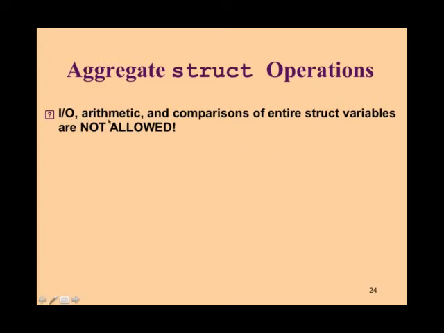Input, output, arithmetic, and comparison of an entire struct variable is not allowed. Input, output of atomic variables is allowed, but not of struct. Comparison of two variables of the same type, like two int, using 6 relational operators is allowed, but for the struct, not allowed.